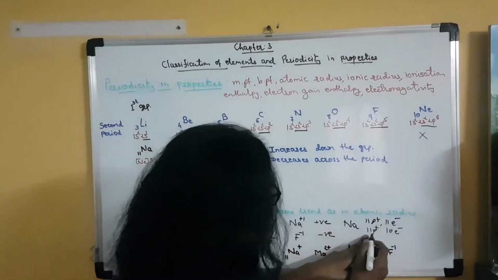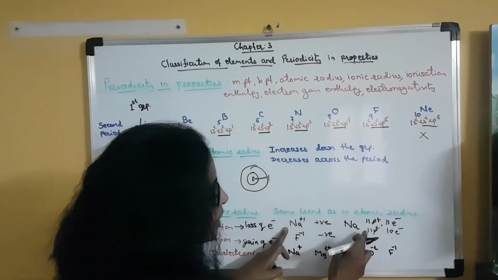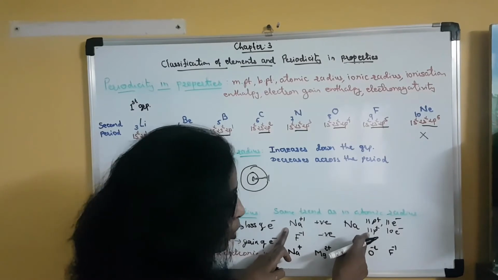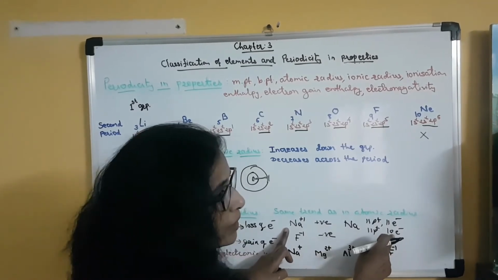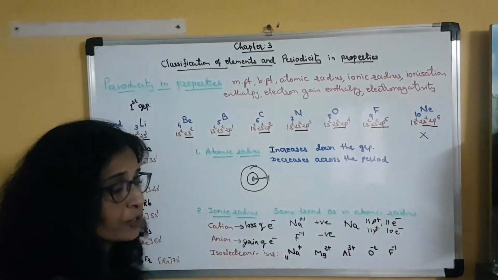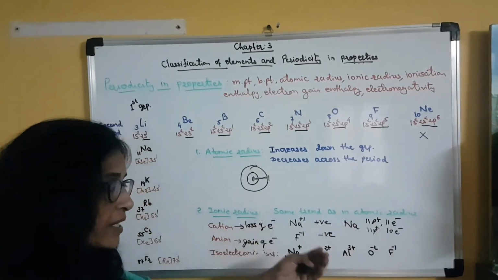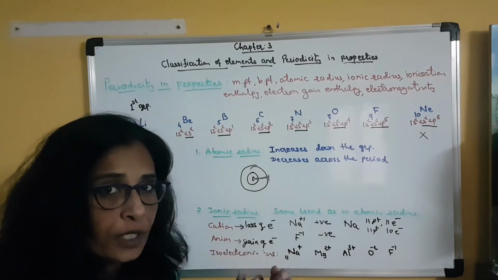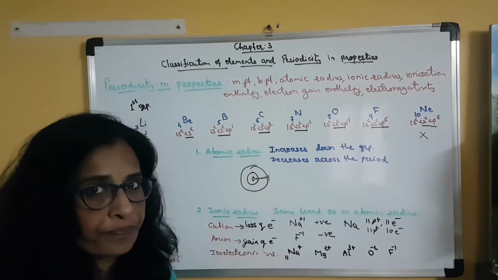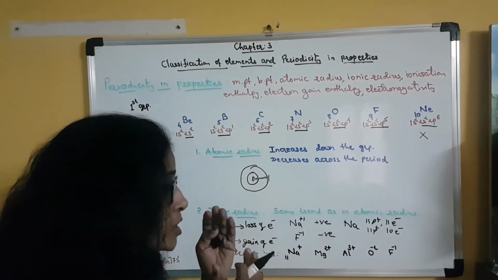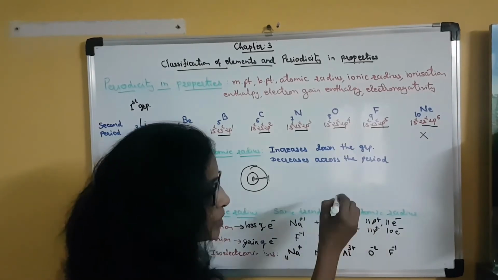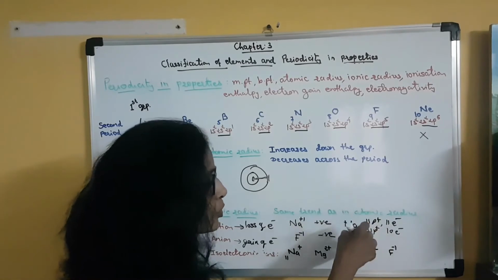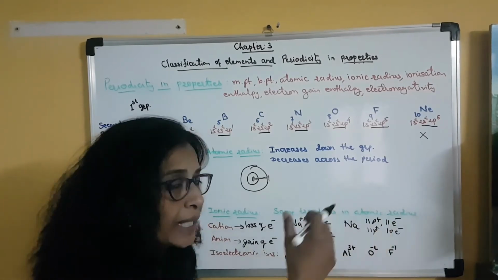So now in the Na plus ion, the positive charge is more dominant compared to the negative charge. So here the positive charge outweighs the negative charge, and that is why the nucleus is now stronger than before. Initially 11 protons in the nucleus were attracting 11 electrons, but now 11 protons are attracting 10 electrons.